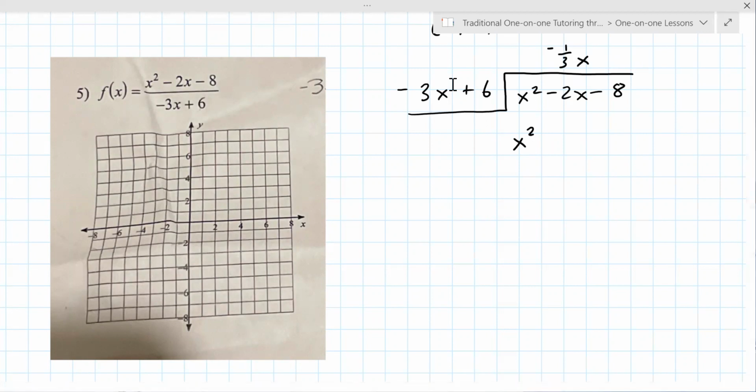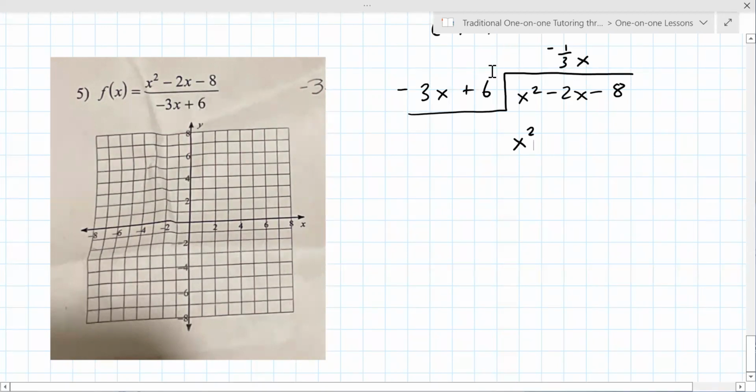And then you've got to multiply both terms, so you multiply negative 1/3 x by 6, yeah. And that becomes negative 2x.